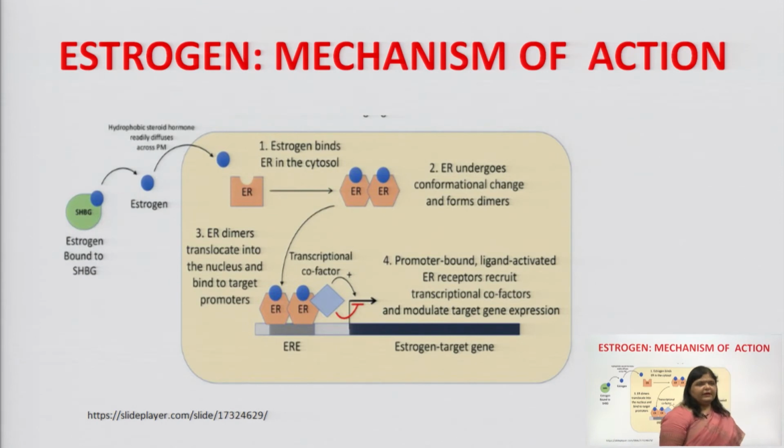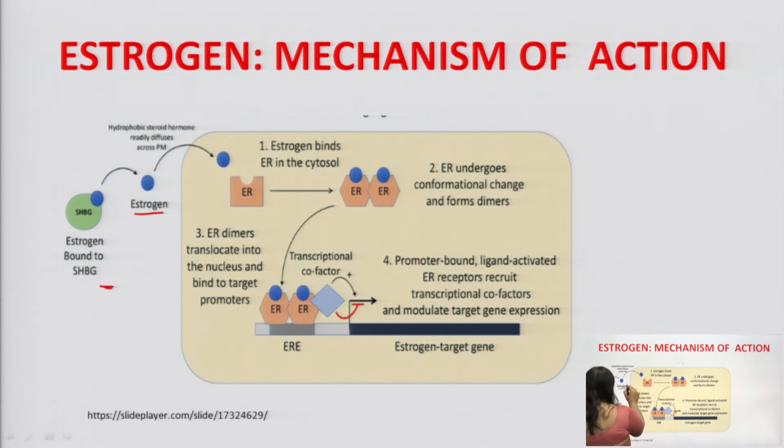Now, what is their mechanism of action? Again, these estrogens exert their actions through receptors, which we call estrogen receptors, the same family of receptors as we talked about for testosterone. They are bound to SHBG. Estrogen diffuses through the plasma membrane and binds to the estrogen receptor in the cytosol.